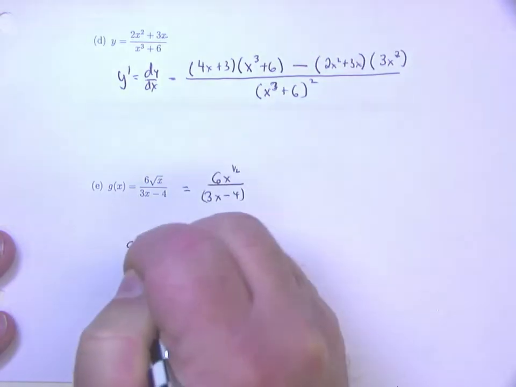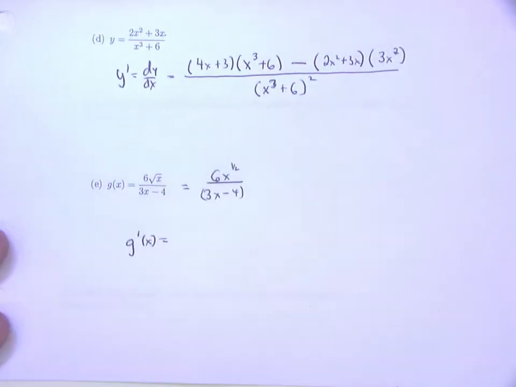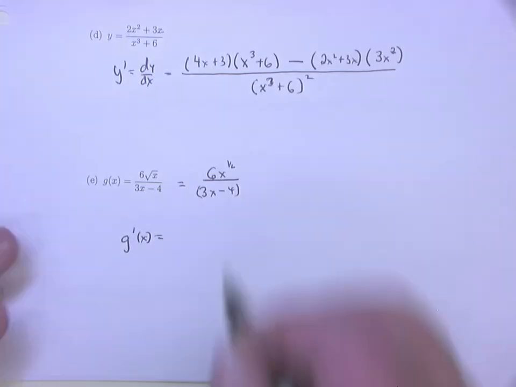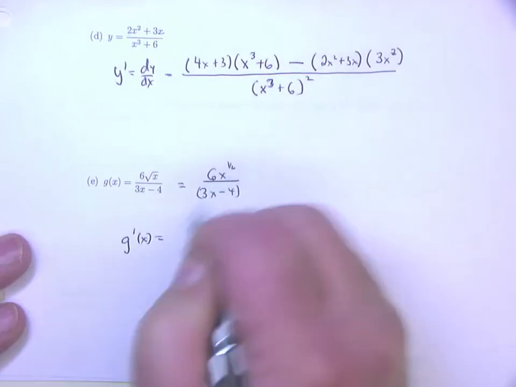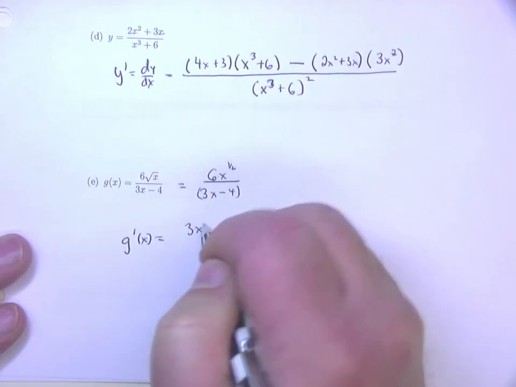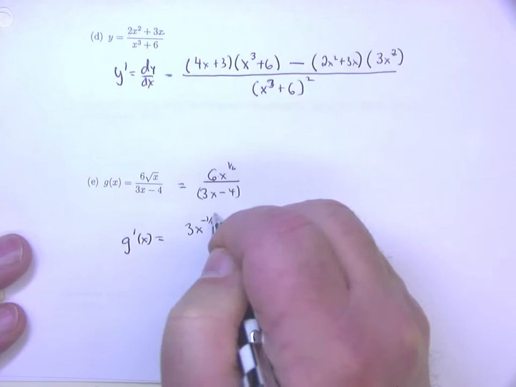Now, labeling is everything in calculus. If these guys have names, the derivatives have names. This function was called g of x, therefore the derivative is called g prime of x, or dg/dx if you like the Latin stuff. Quotient rule: derivative of the top times the bottom minus the top times derivative of the bottom, all over the bottom squared. Derivative of the top, derivative of 6x^(1/2): 1/2 times 6 is 3x, and subtract 1 is negative 1/2.